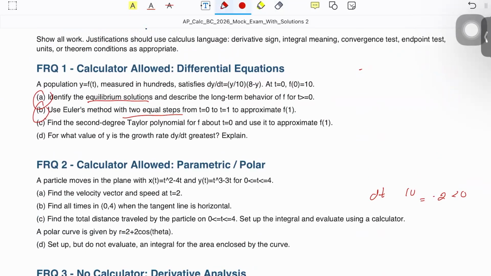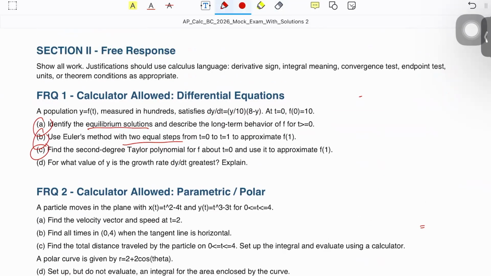Number 3, part C here is the second degree Taylor polynomial. I like to be organized, so before I do anything, I'm just going to write what the second degree Taylor polynomial is. First you have f about t0, so that means a is 0. They're actually talking about the Maclaurin series.